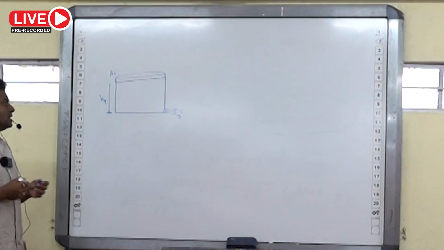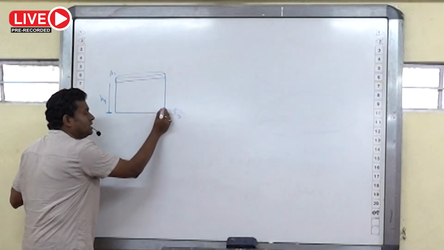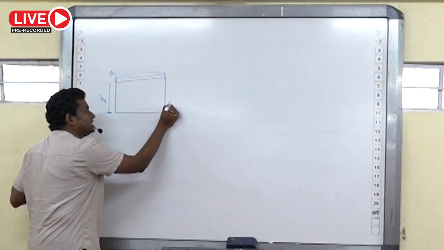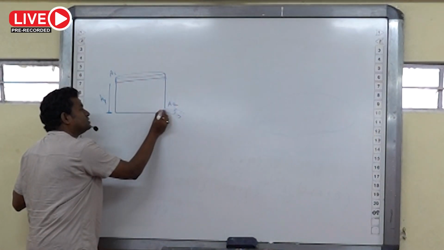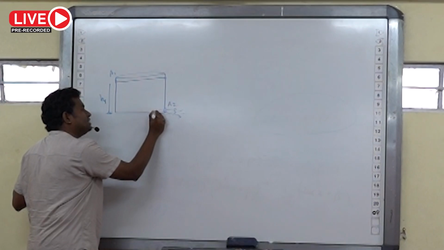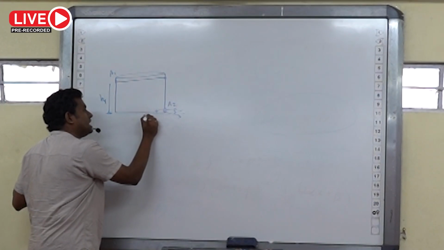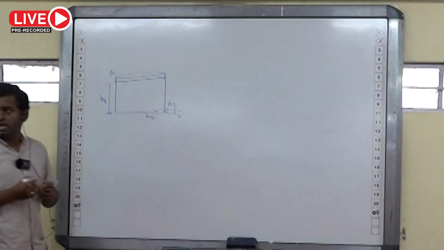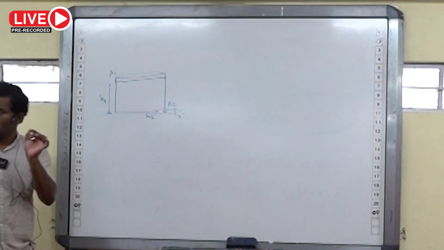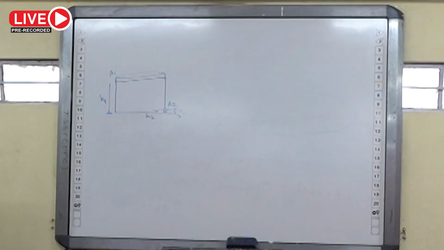We consider that this hole has area of cross section A2 and its midpoint is at a very small height, which we call h2. The center of the hole from the bottom of the tank is at a height h2.